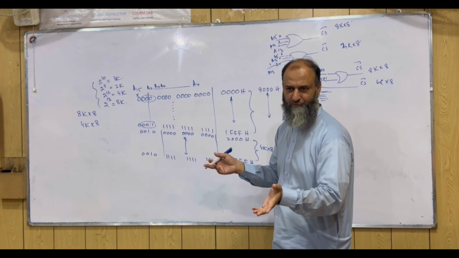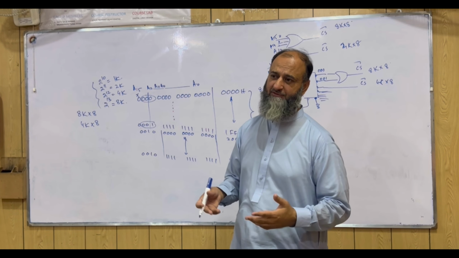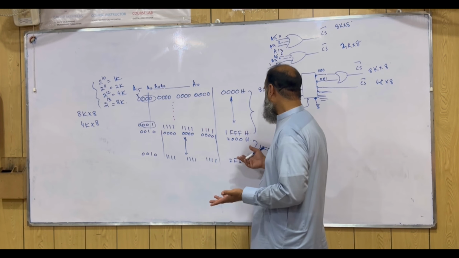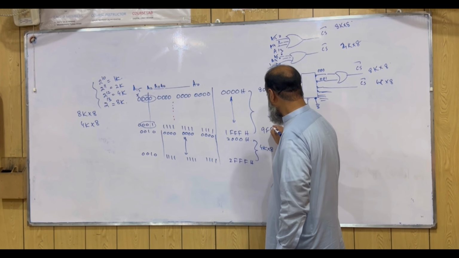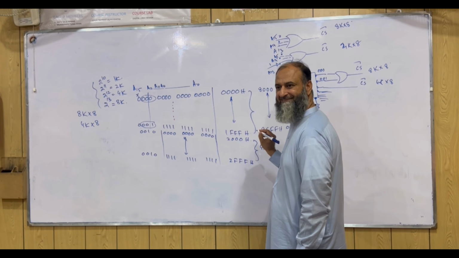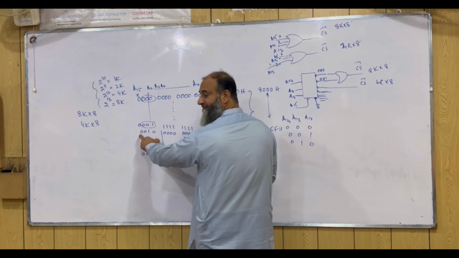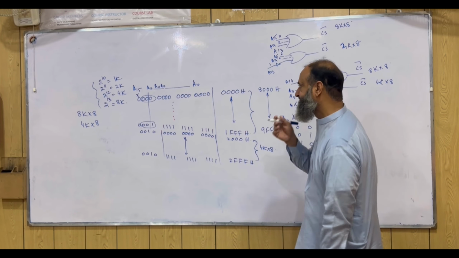It is not connected into the system then, and partially decoded. The scheme is said to be a partially decoded memory chip scheme. So address को हमने partially decode किया. So what will be the next one? It's 9FFF. Is it okay? And if it is equal to 1, what would be the first address here then?